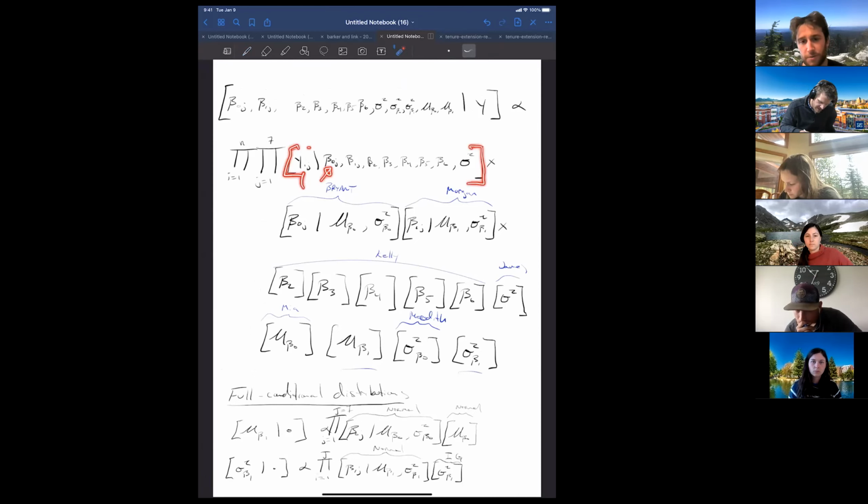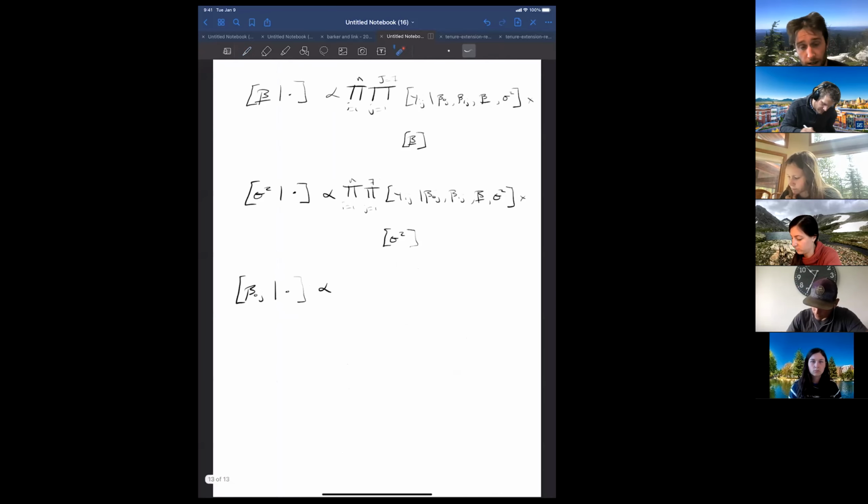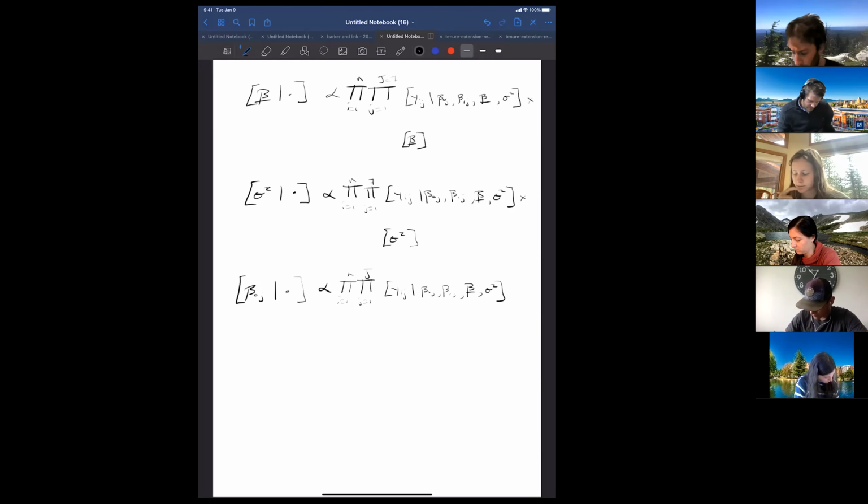And again, because that has Yij, we'll need both products, I and J. And then that same first term that is included in our other two. And then times mu beta 0 and sigma squared beta 0.